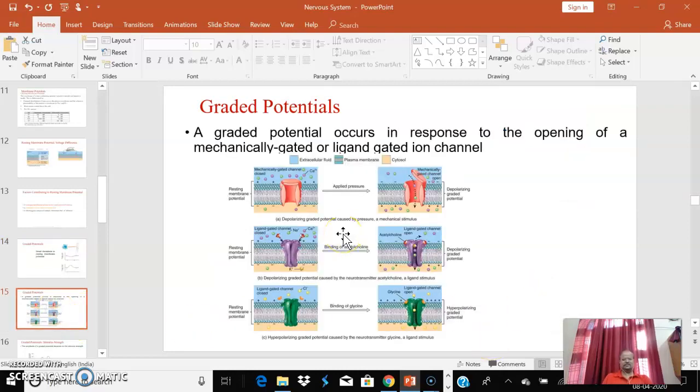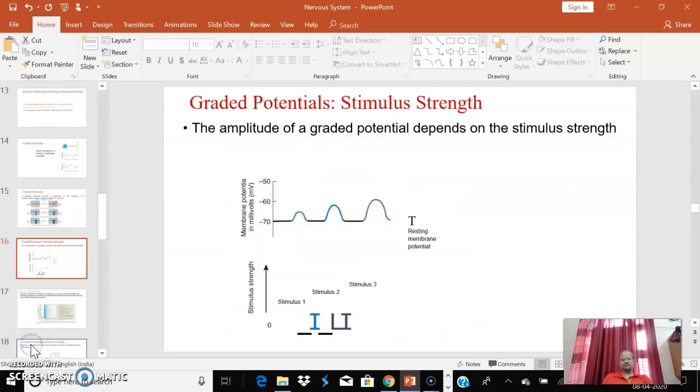You see the graded potential, with the opening and closing of channels. The amplitude of the graded potential depends on the stimulus: with a higher stimulus, the membrane difference is higher. They are named depending on the type of stimulus and where they occur.